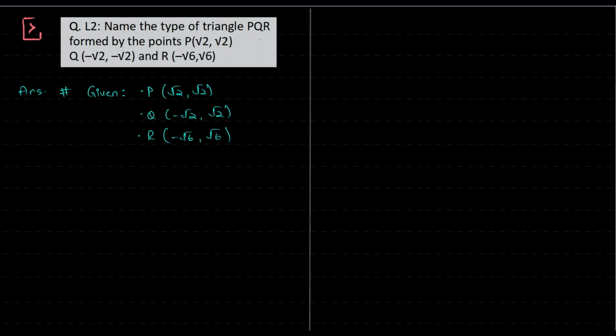By finding the lengths. We can find the angles also, but we don't have that in our syllabus. So first thing is we'll find the lengths using, of course, the distance formula, wherein we have x2 minus x1 the whole square plus y2 minus y1 the whole square, to the power of half.